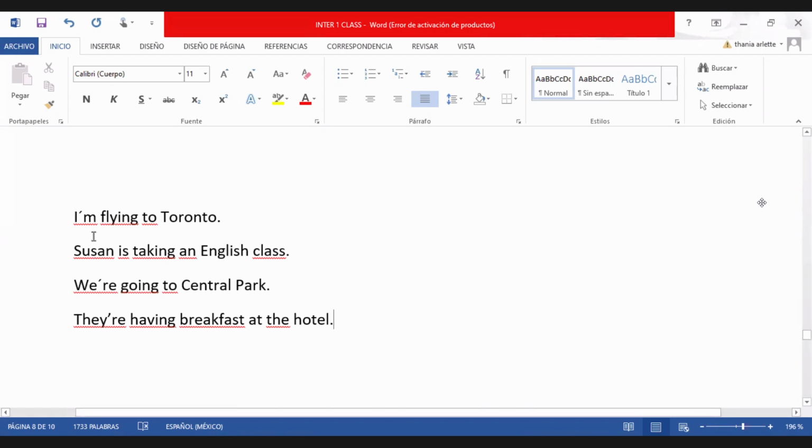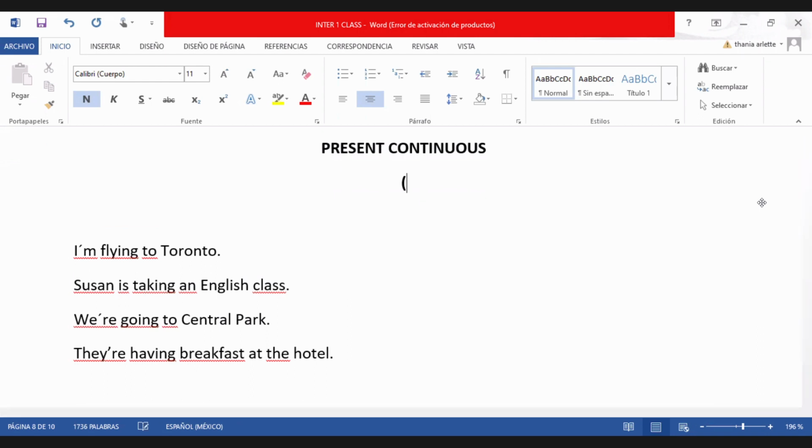Okay, so we were saying that all these sentences are in the present continuous. What is more? In order to remember this, I am going to put the name of the tense here. Present continuous. And well, we know this is in the present continuous because it is with the verb to be plus another verb, and this verb is in the ing form.